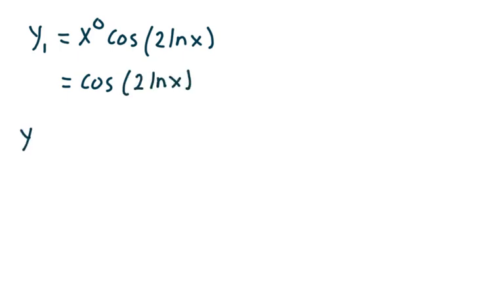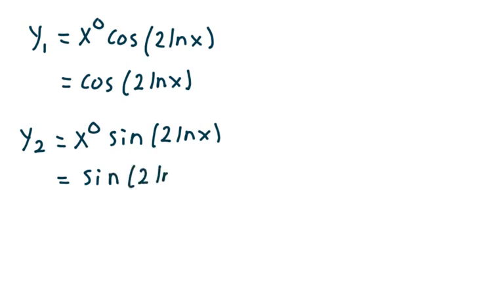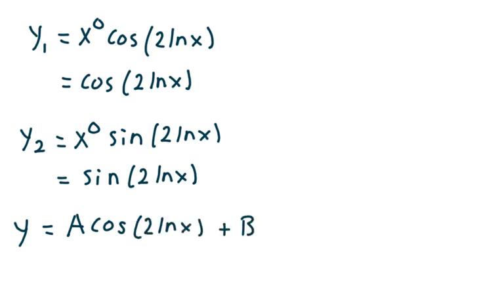And my second solution is x to the 0 sine of 2 times the natural log of x, which is equal to sine of 2 times the natural log of x. So my general solution will look like a cosine of 2 natural log of x plus b sine of 2 natural log of x.